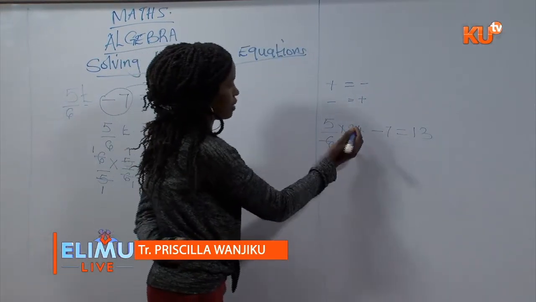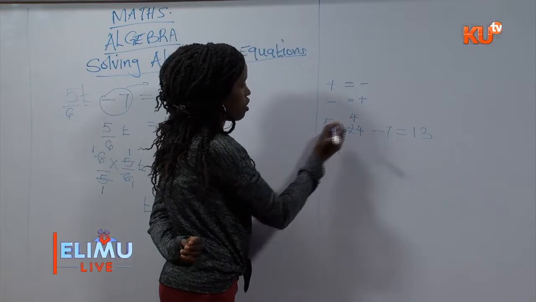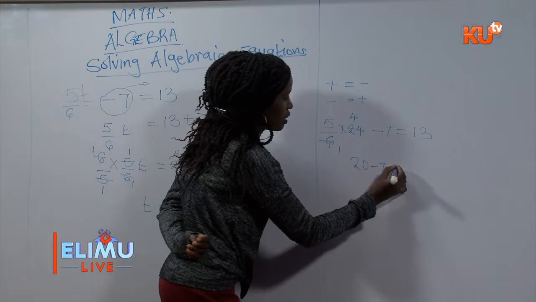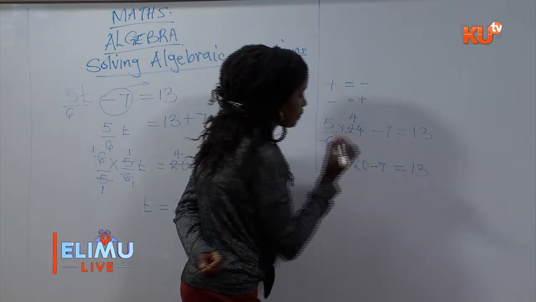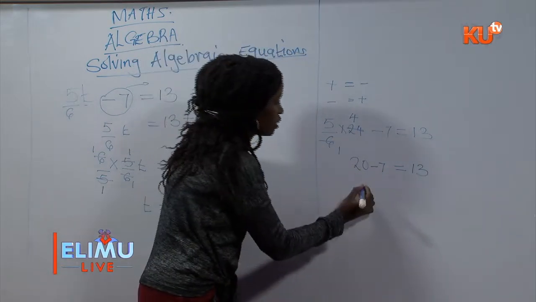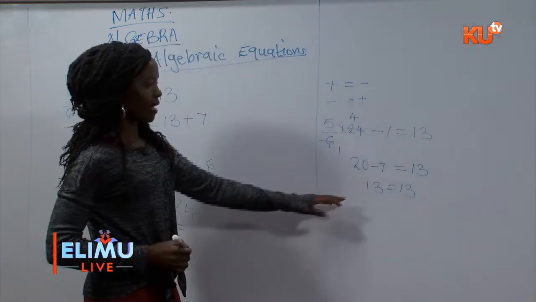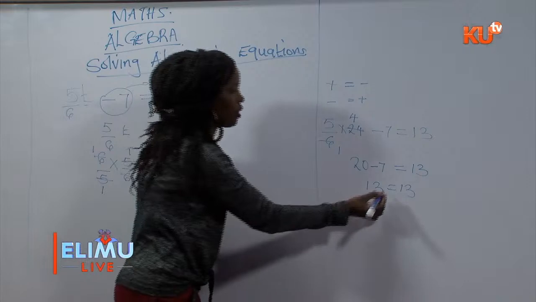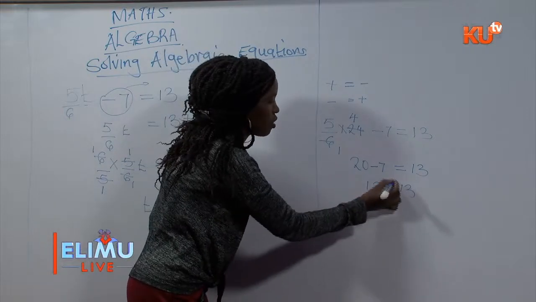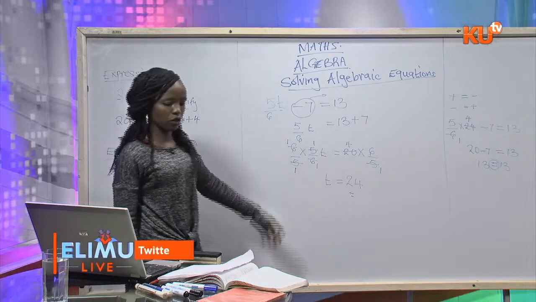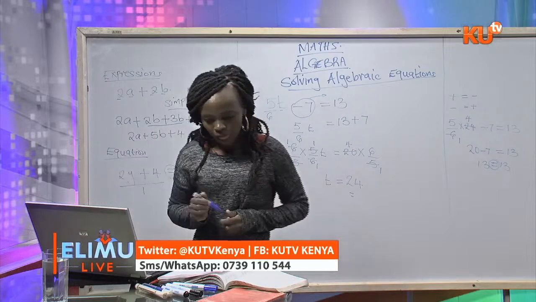So 6 by 6 is 1, 6 by 24 is 4. 5 times 4 is 20, minus 7, I should get 13. So 20 minus 7 is 13, which is equal to 13. So it is an equation that is equal. That's why we have the equal sign. So with that, pupils, you can prove whether your answer is correct.